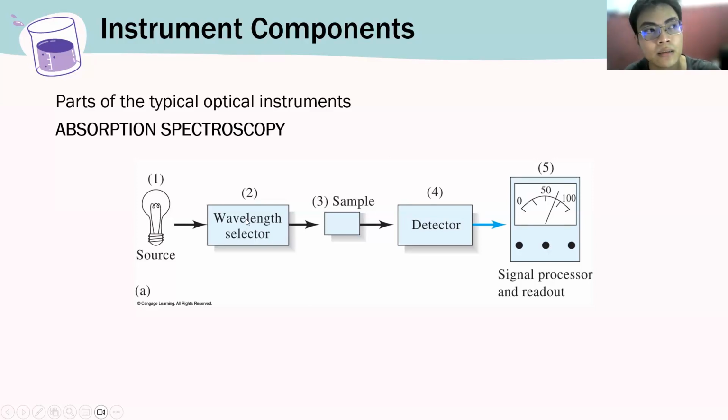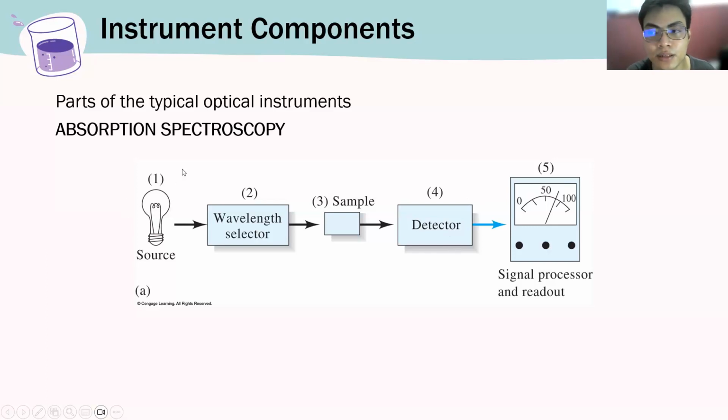So, inaalam namin ng mga chemist, physicist kung saang wavelength siya mas mag-a-absorb ng light, na kung saan siya mas nagre-react with. So, before your light passes through your sample, there's a wavelength selector just for us to determine kung saan siya mas interactive with the light. So, light source will pass through the wavelength selector and will pass through your sample. And then after that, may detector, of course. So, may detector ka para malaman mo how much pass through.